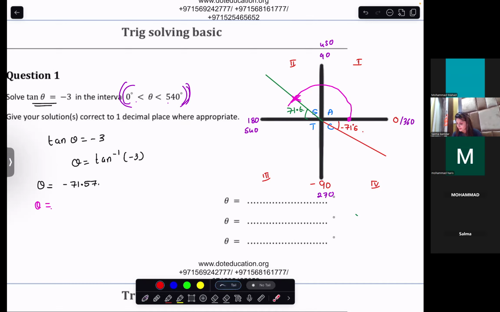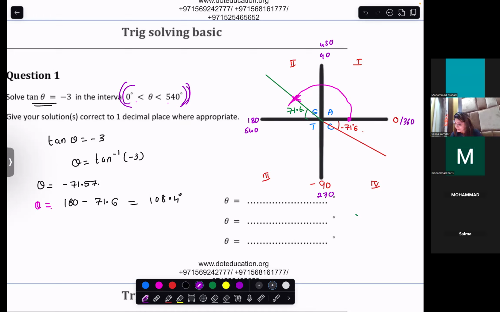What will be the value of this angle? Can I say the value of this angle is 180 minus theta? So it's going to be 180 minus 71.6. So I can say this is 108.4. Are you with me?